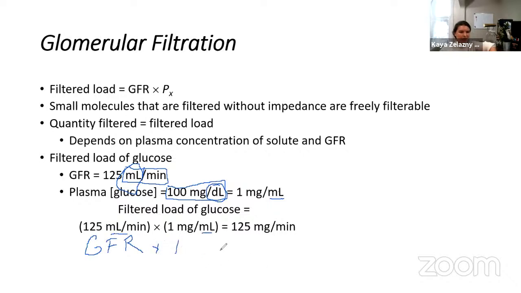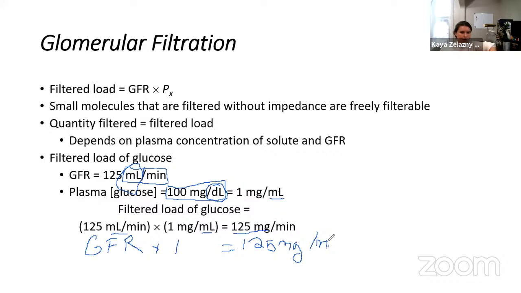So the filtered load of glucose under these conditions, if your blood glucose is 100 milligrams per deciliter and your glomerular filtration rate is 125 milliliters per minute, would just be 125 milligrams per minute. That's telling you how much glucose is getting filtered into the kidney every minute.